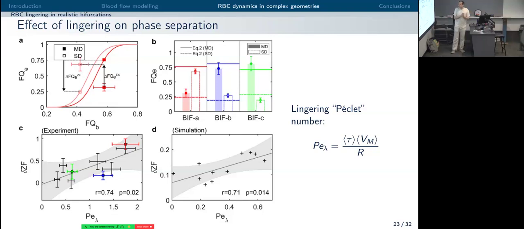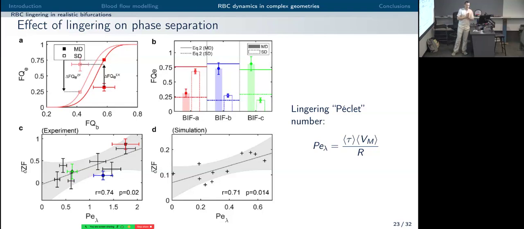And you can say, okay, let's take the average lingering time tau and divide it by the average advection time of the red blood cells in the bifurcation area, which is the average speed of the red blood cells divided by a typical size, like the radius of the vessel or the radius of a red blood cell.